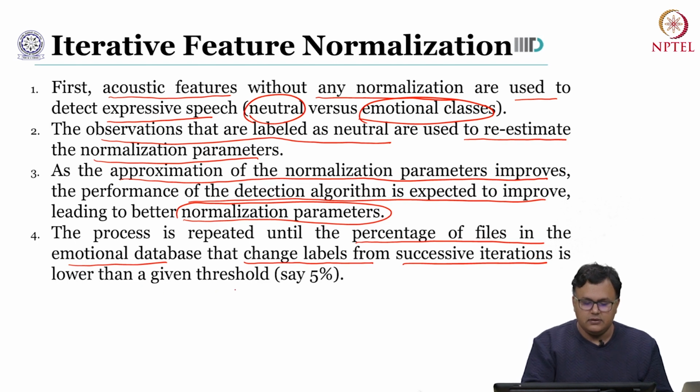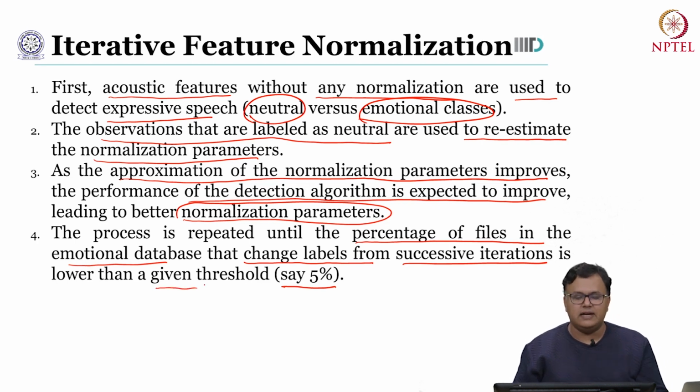This is from the original work, which gave a threshold of 5%, but you can empirically vary that as well. So what you are saying is: detect neutral, change parameters, reiterate, again detect neutral and expressive speech, get the newer parameters and run this iterative process.